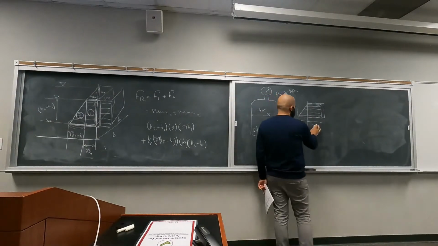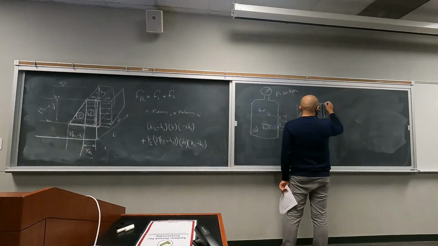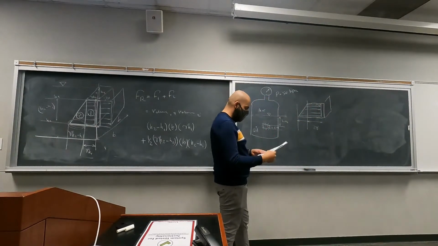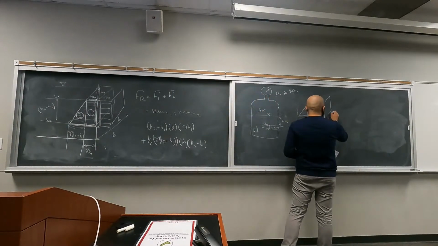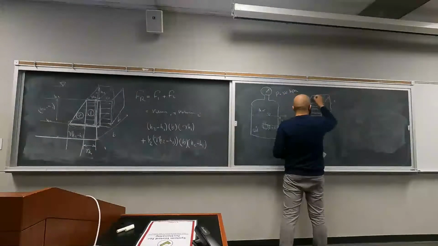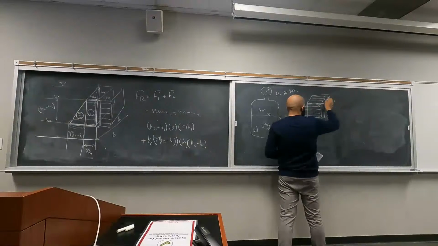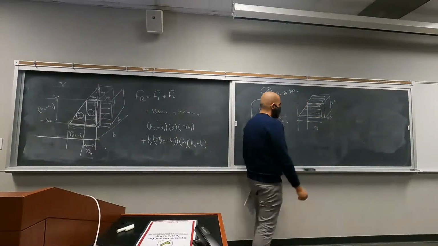So 2 gamma, and then the plate itself is 0.6 meters by 0.6 meters. The volume of this whole thing is going to be 0.6 multiplied by 0.6 multiplied by 2 gamma of oil.